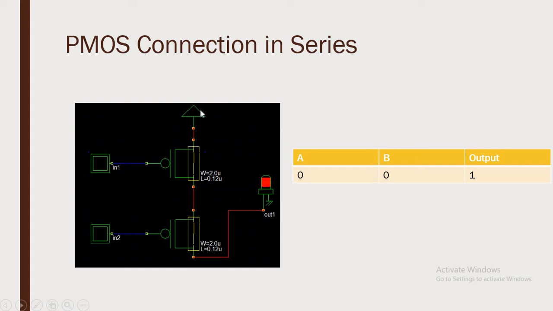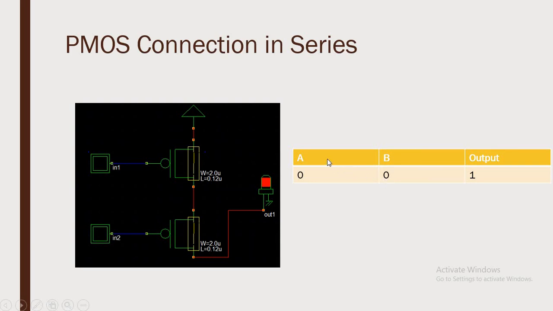Now here we have a biasing voltage of plus 5 volts. It will go from this path to the output, and we can see that whenever both our input voltages are 0, our output will be 1, because both PMOS are short circuited, and there is a clear path from this biasing voltage of plus 5 volts to the output. So now here is the truth table.